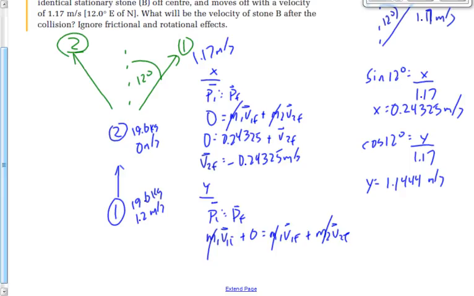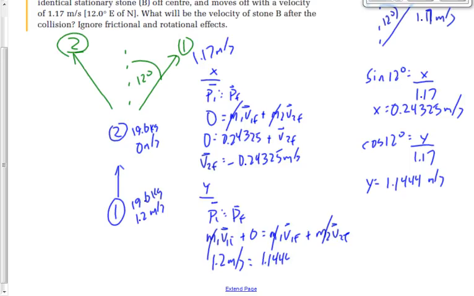Zach, what's v1i? Object number 1 for the y component. Good. 1.2 meters per second equals v1f. Tony Ann, what's v1f for the y component? Object number 1, final y component. Yes, good.